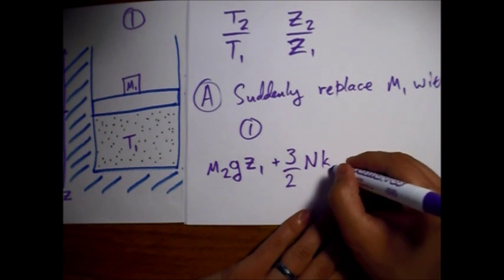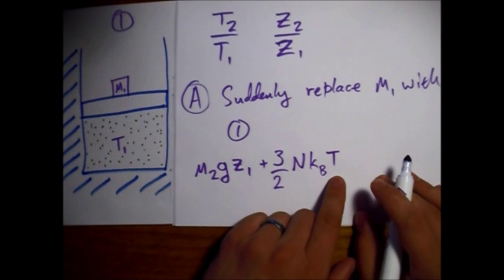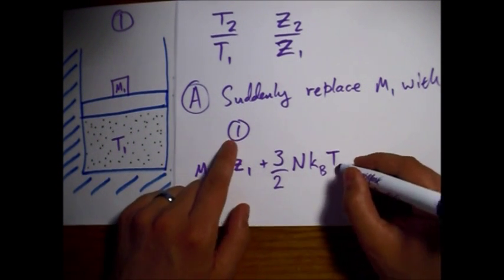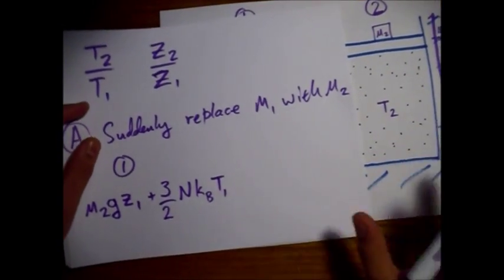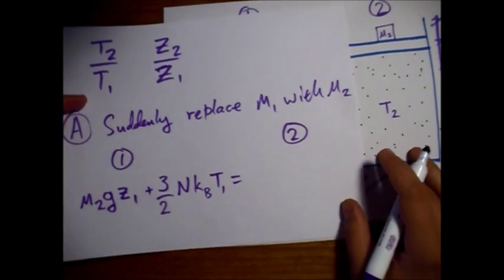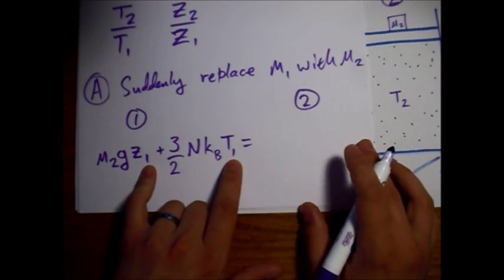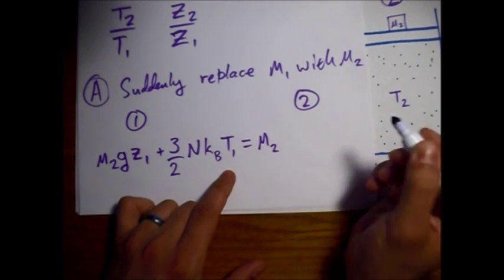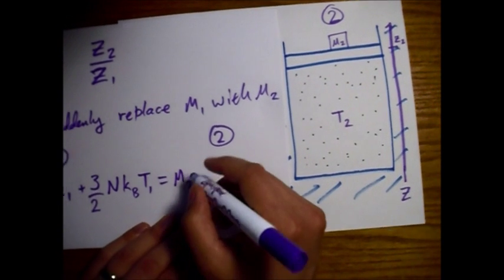And we have the Boltzmann constant, and then we're under situation 1, so we start with a T1. All right, and we still have energy balance. So over here in situation 2, the only things that are going to be changing are, we still have an M2, because it's after we've replaced the mass.